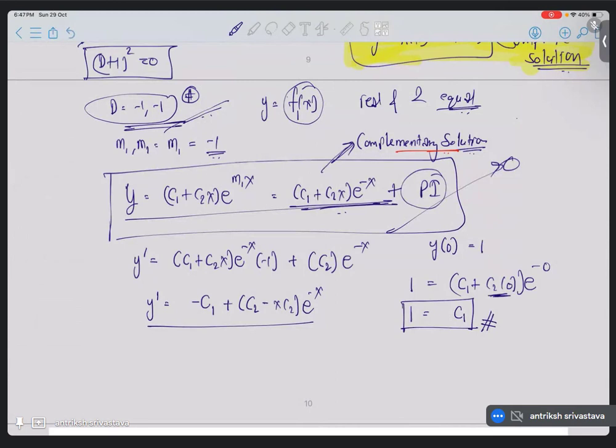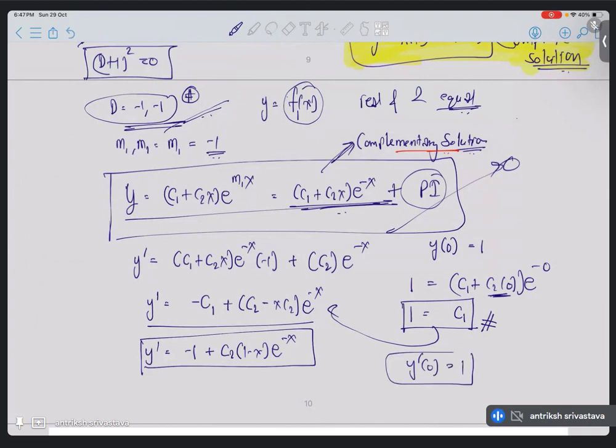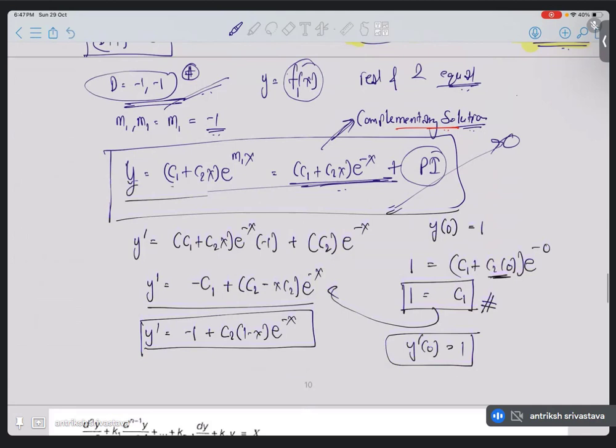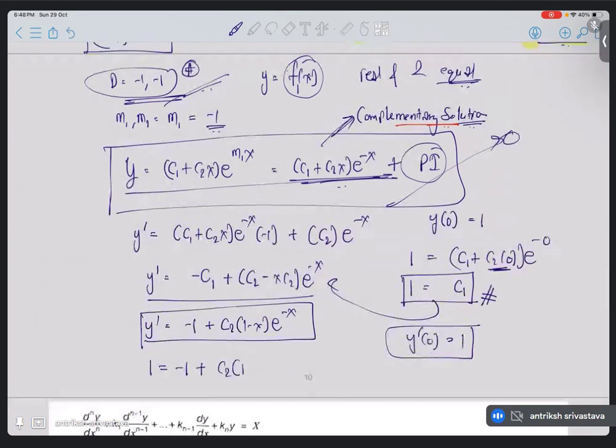Now let's use this C1 in this expression. So y dash is equal to minus 1 plus C2 (1 minus x) e power minus x. And that also is 1 when x is equal to 0. So 1 is equal to minus 1 plus C2 (1 minus 0) e power minus 0, that is 1.